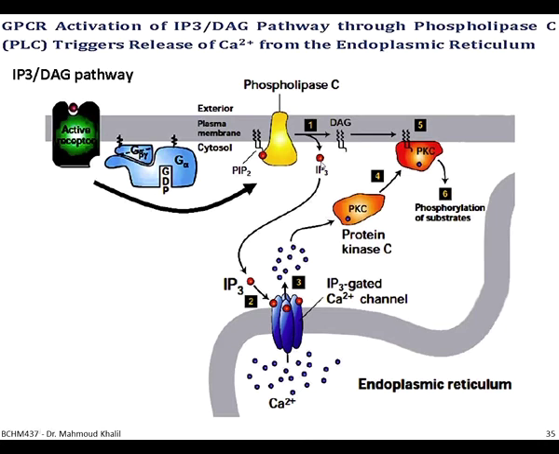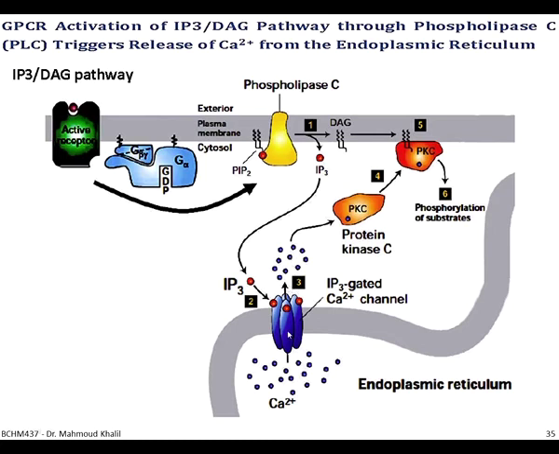The IP3 will move in the cytoplasm. It will bind to a specific channel, which is called the IP3 gated calcium channel. Why is it called the IP3 gated calcium channel? Because this calcium channel controls the flow of calcium from the endoplasmic reticulum to the cytoplasm.